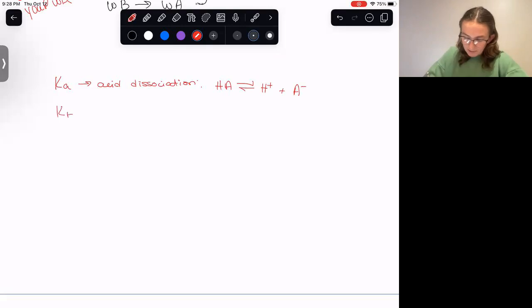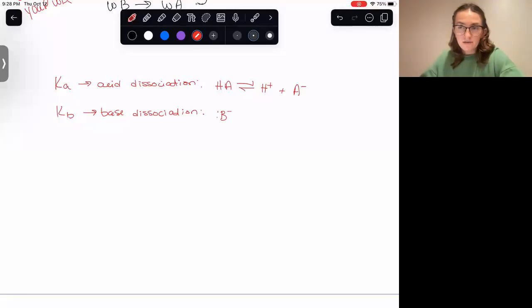For Kb, we have the base dissociation, which means that we have our B minus and water. Water as the acid is going to donate a proton, forming the conjugate acid HB and OH minus.